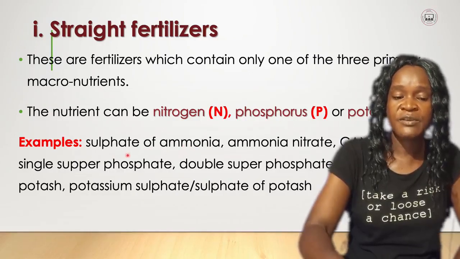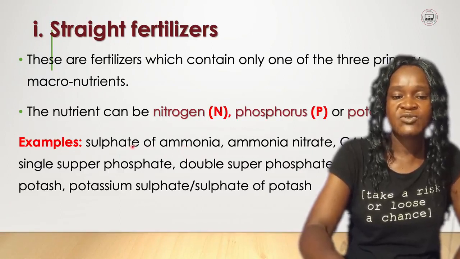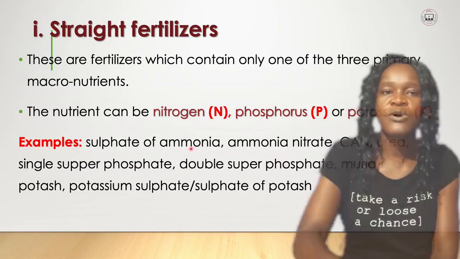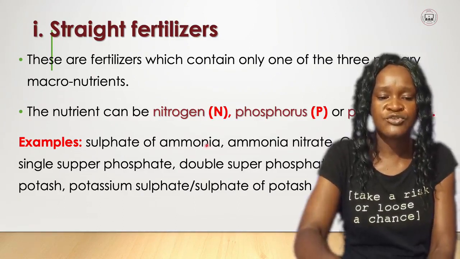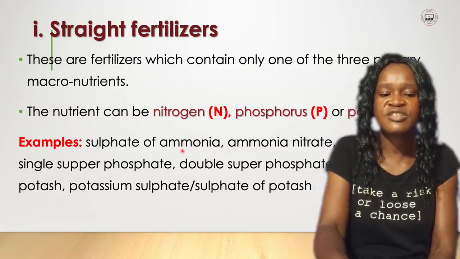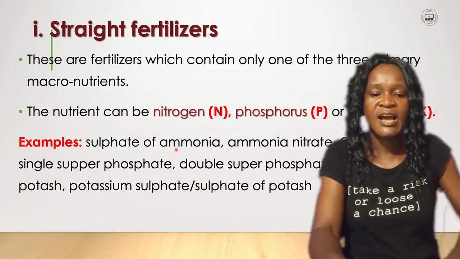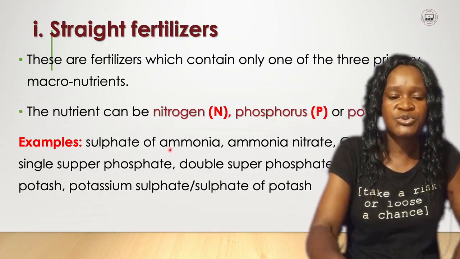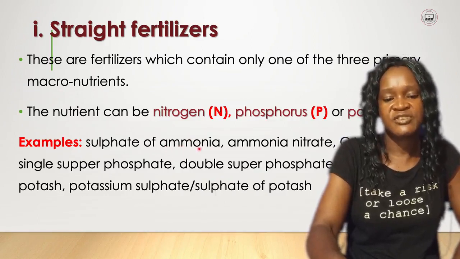Even though there is sulfur, sulfur is not in the category of the primary macronutrients, but only nitrogen is. So just because there is only nitrogen in this fertilizer amongst the three primary macronutrients, it is regarded as a straight fertilizer.